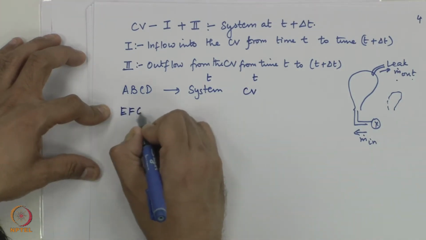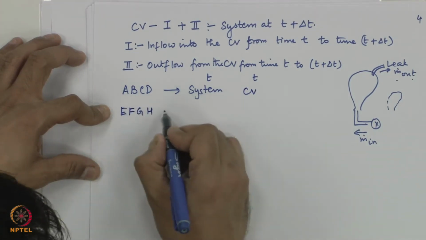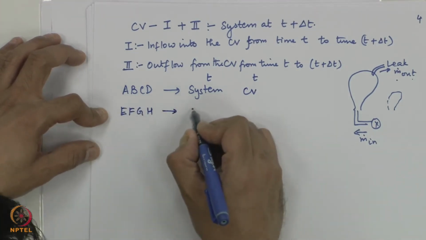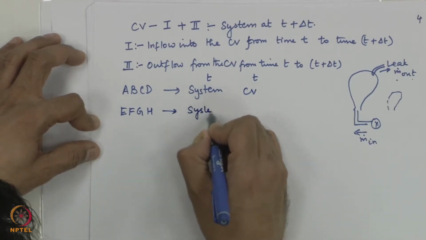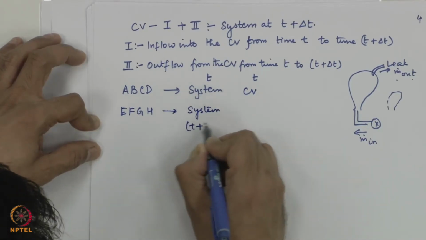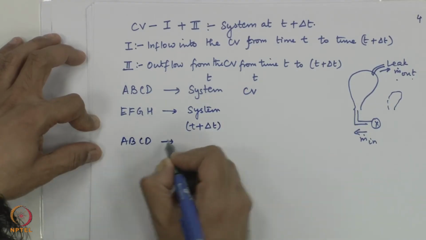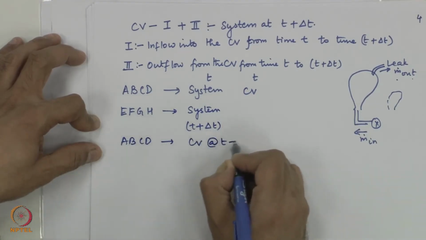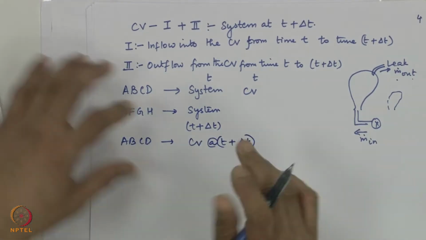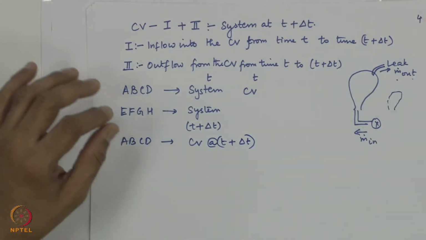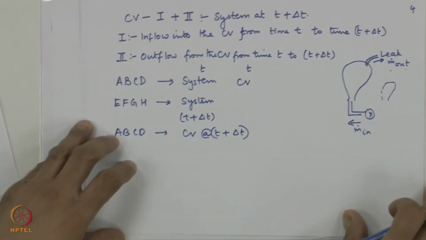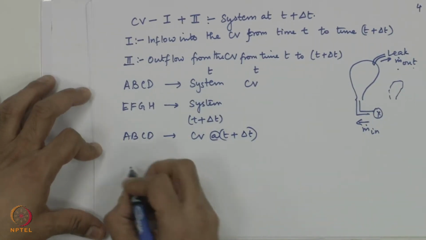E, F, G, H is the new system at time t plus delta t. A, B, C, D is the control volume at time t plus delta t, because control volume is invariant. That is the thing you have to tell students. And now what is left is only maths.